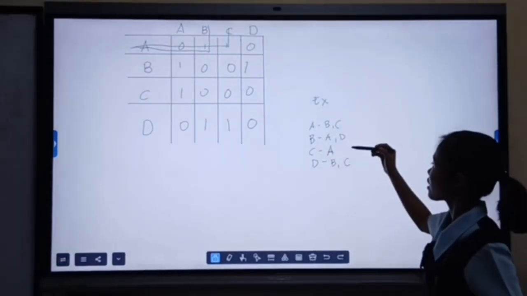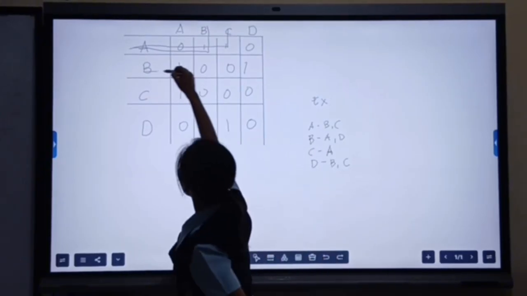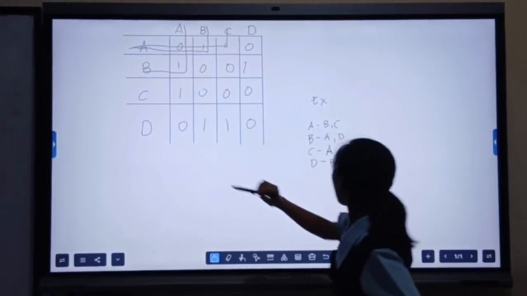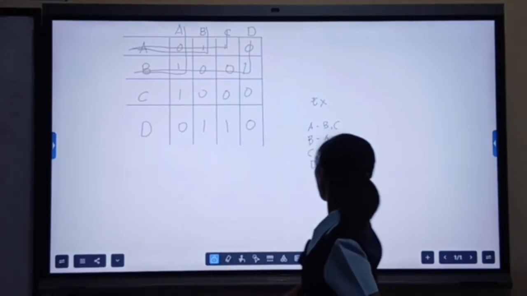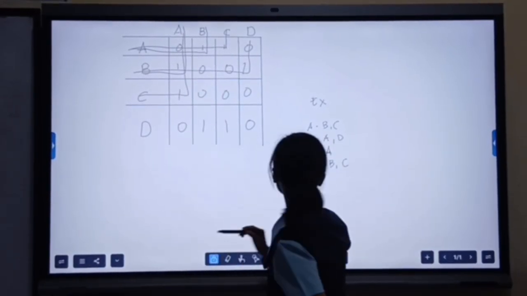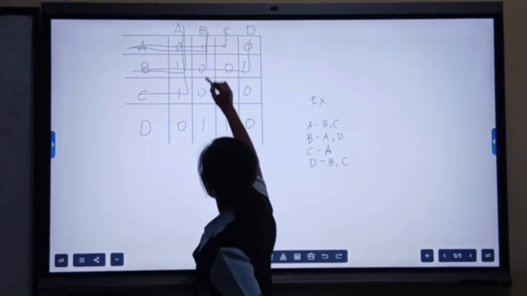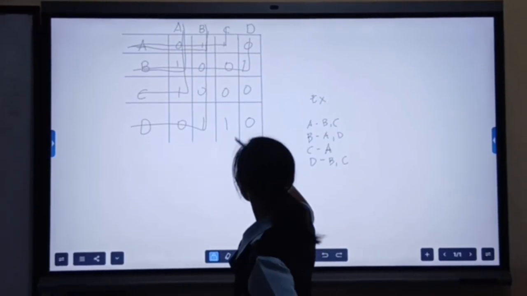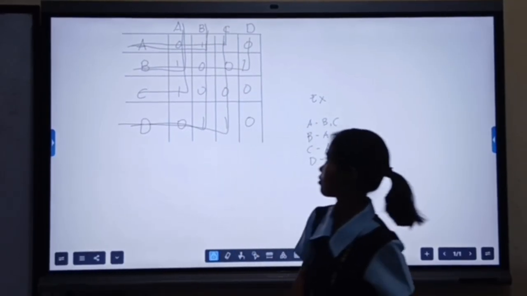Still the same for B, C, and D. So B is connected to A, and D, continuing to C, and D, and C to D. That's simple.